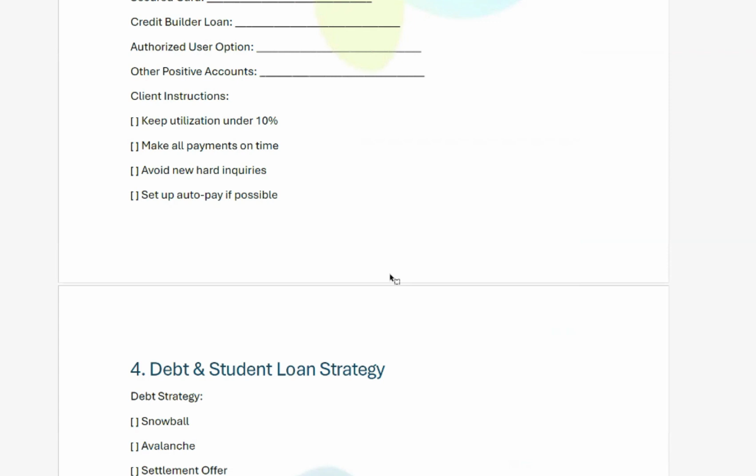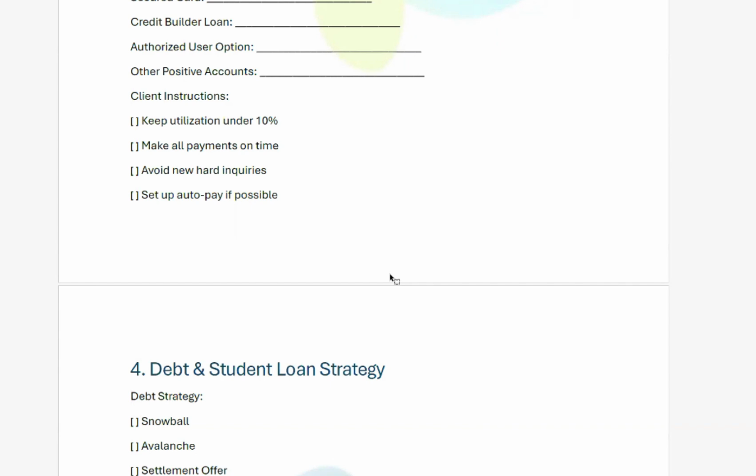Do they have anything reporting positively that's giving them positive credit points? If they don't, this is another huge area where you can get positive points. Say somebody comes in with nothing: no open revolving, no open installment, just a whole bunch of negative stuff, and a 420 credit score. We love those people, right? Why?